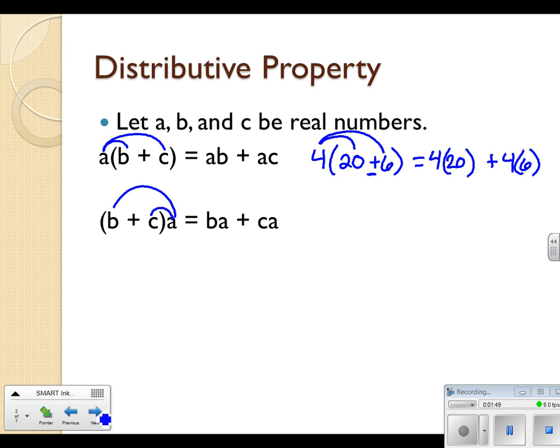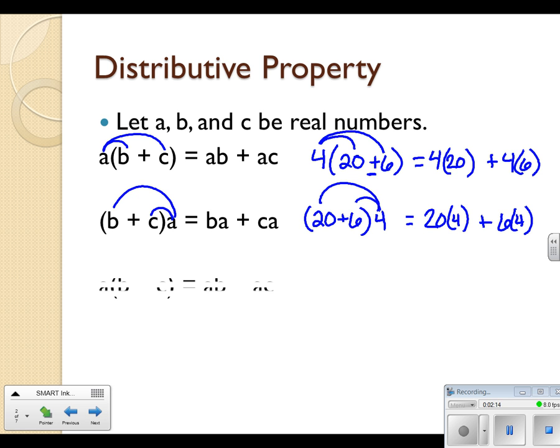If I set up a problem using the same values, 20 plus 6, but had the 4 over here, I'm distributing, making that rainbow image. That would be the 20 times 4, or 4 times 20, because commutative property, plus 6 times 4.